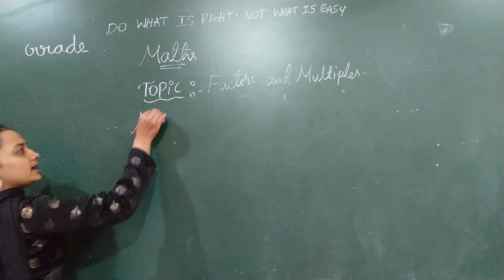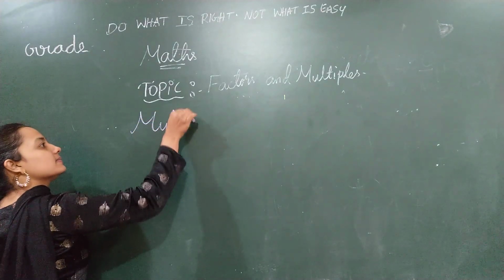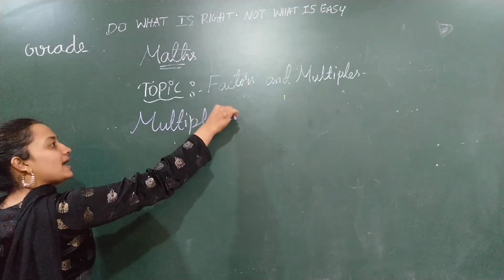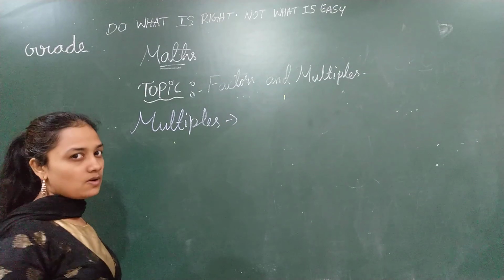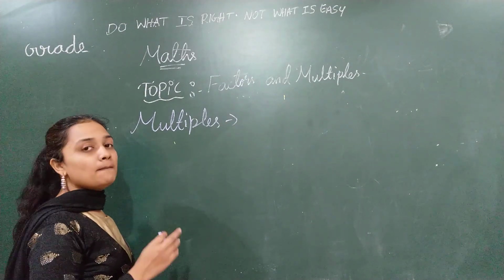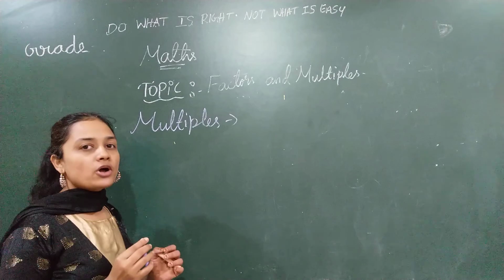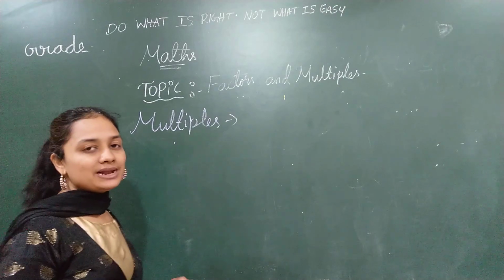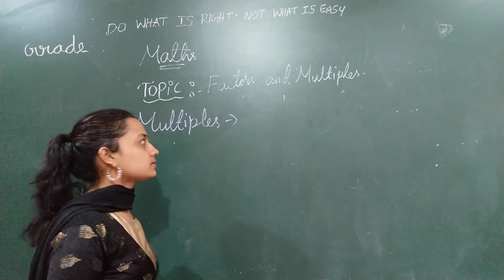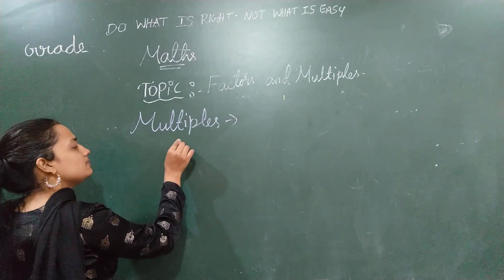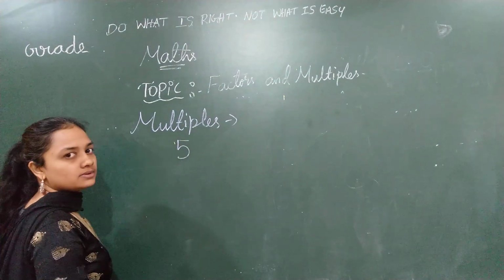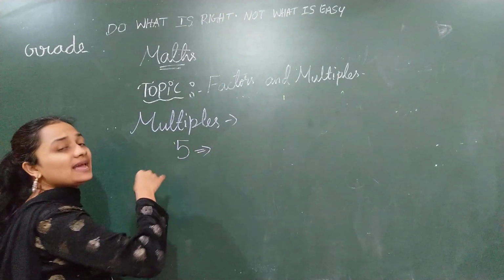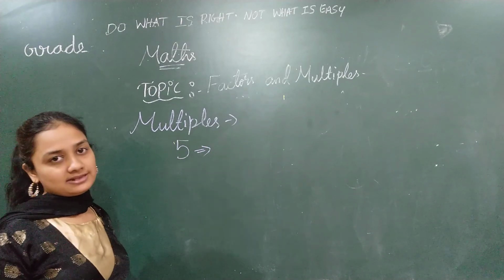You all know what multiples are. As we see at the start of this lesson, multiples are nothing but the product that we get by multiplying two numbers. So if I ask what are the multiples of 5, I can multiply with any number and write the answers here.